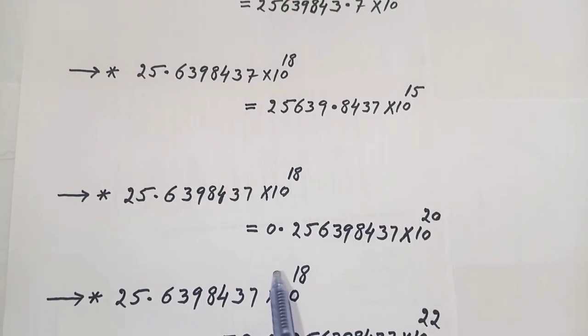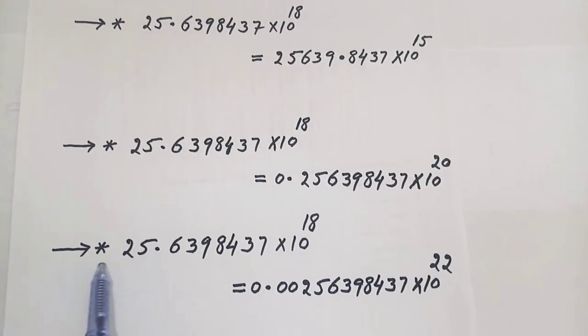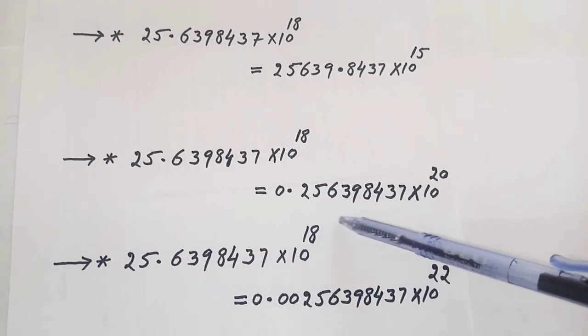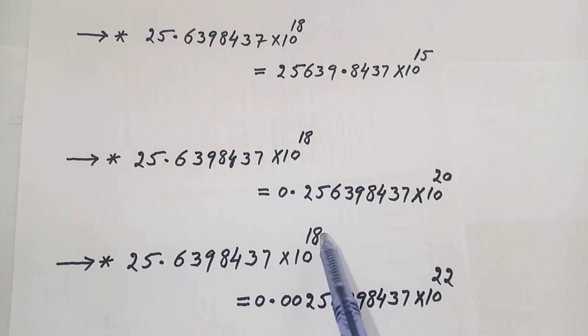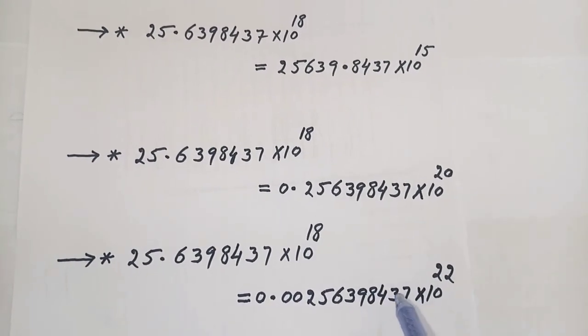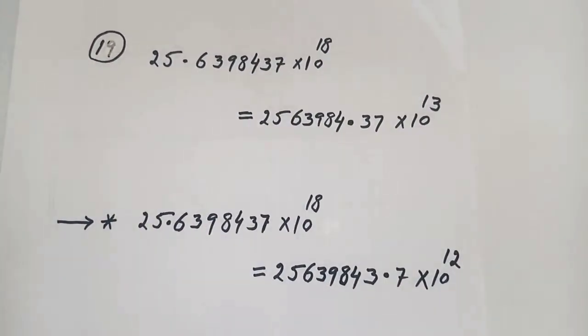The power has increased here also because we have shifted the point in this direction. So this is the rule for the positive power. For a positive power, if we shift the point in this direction, the power will decrease. If we shift the point in this direction, the power will increase. You can see in this case. These are all the cases.